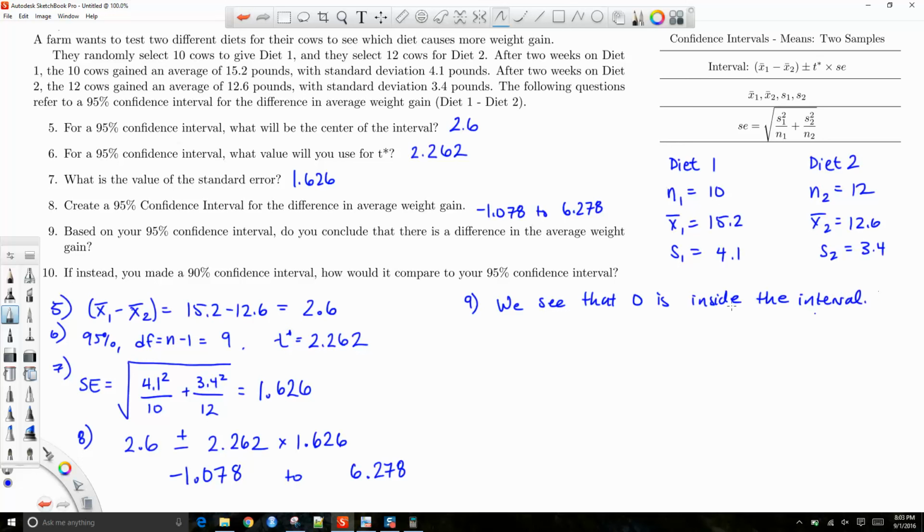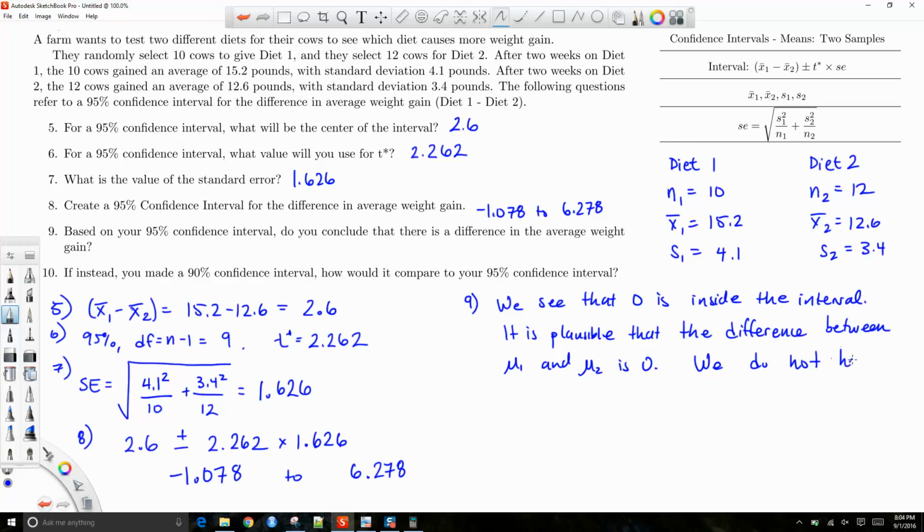So this means it is plausible for the difference to be 0. It is plausible that the difference between mu1 and mu2 is 0, so we do not have evidence that there's a difference in weight gain.